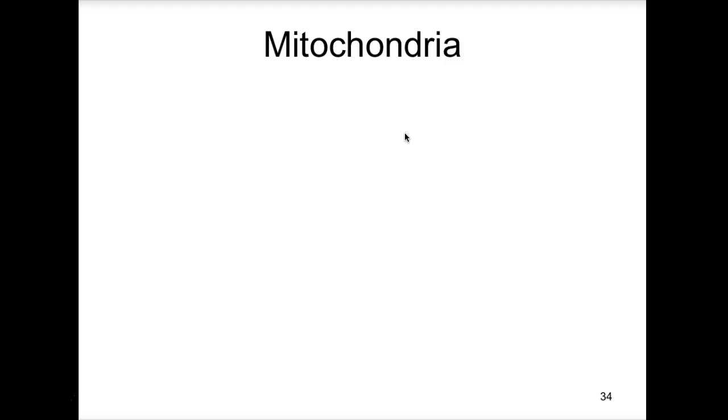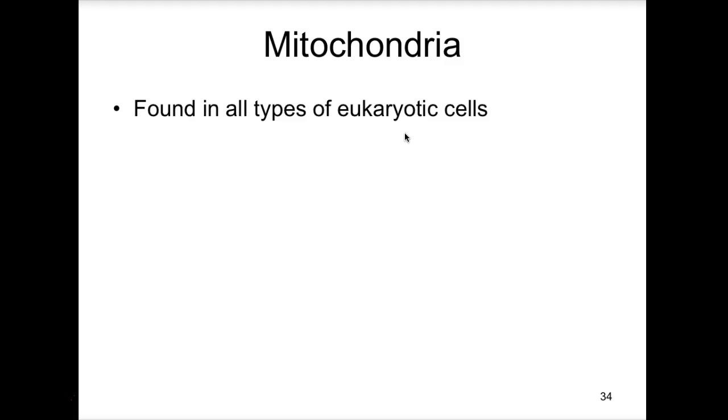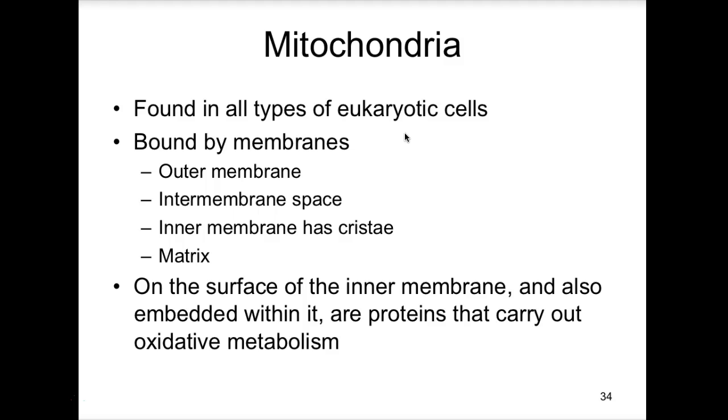Then there is the mitochondria. Mitochondria and chloroplasts have many common structural and functional similarities. The mitochondria is found in all types of eukaryotic cells. It is bound by membranes. There is an outer membrane, and then you have an inner membrane, and if you recall, that inner membrane is folded to form structures called cristae.